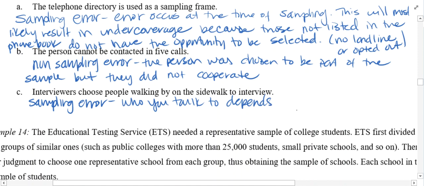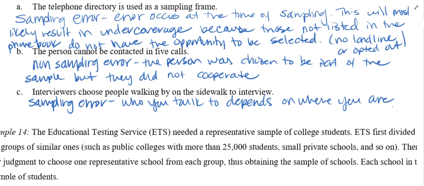Depends on where you are. Okay, so if you're outside a grocery store, in the mall, or outside a gas station, you could actually get different groups of people there. So who your responses come from depends on where you are taking the sample.